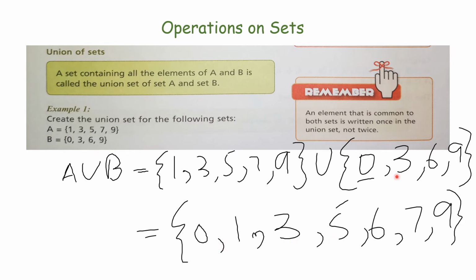So this is how we write union. You have to write all the elements of A and B: 0 1 3 5 6 7 and 9. An element that is common to both sets is written once in the union set, not twice, just like we wrote 3 and 9 only once.